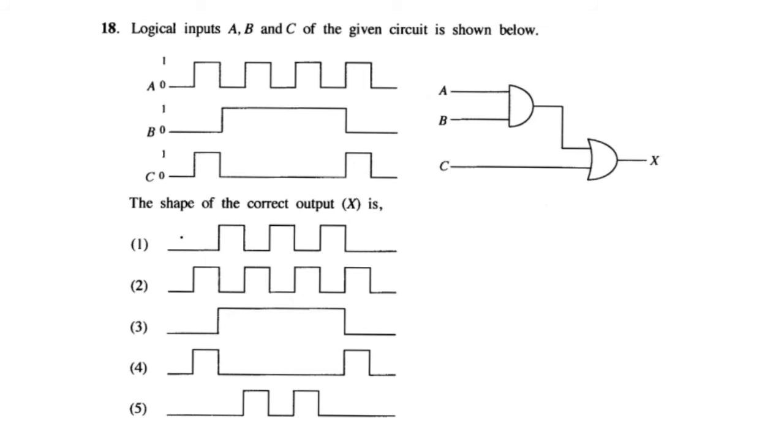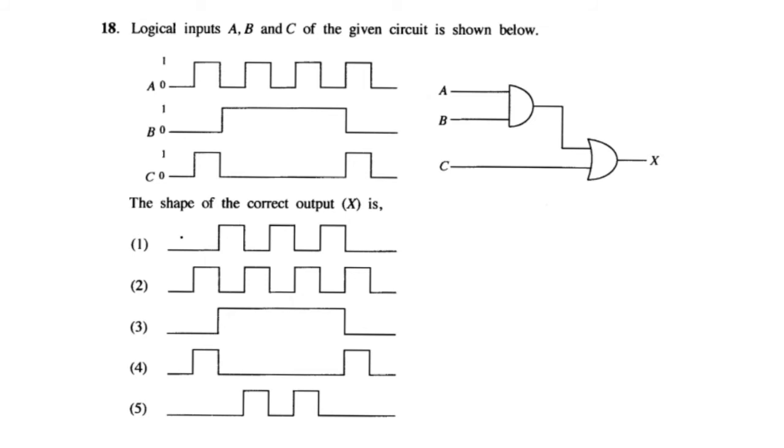We will draw a table using the relevant zeros and ones as in the inputs given in the diagram. So we start with column A in the table for the input A. You can fill 0, 1, 0, 1, 0, 1, 0, 1, 0 for A. And the second column is for the input B. It is 0, 0, 1, 1, 1, 1, 1, 0, 0.